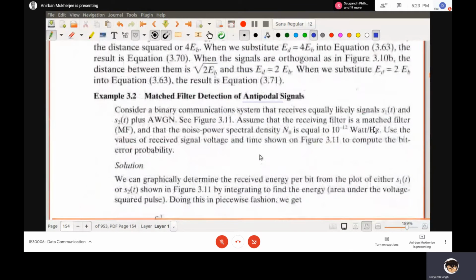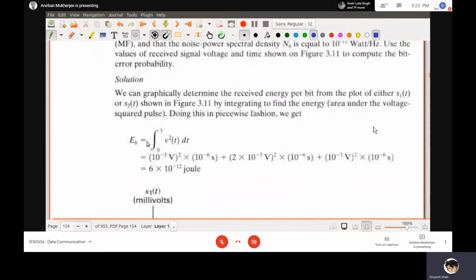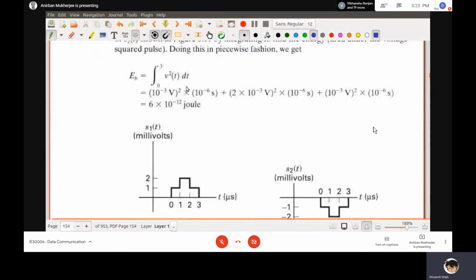Now what about this N0? N0 here is given as 10 to the power -12. For EB, they are calculating the integral of s squared(t) dt, from 0 to 3.